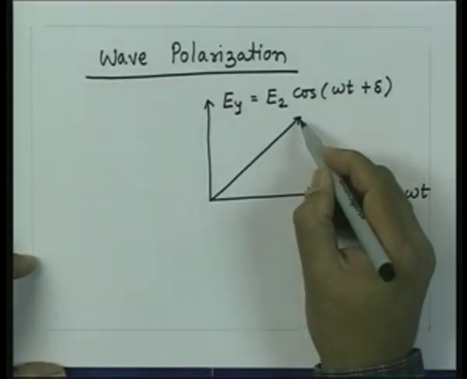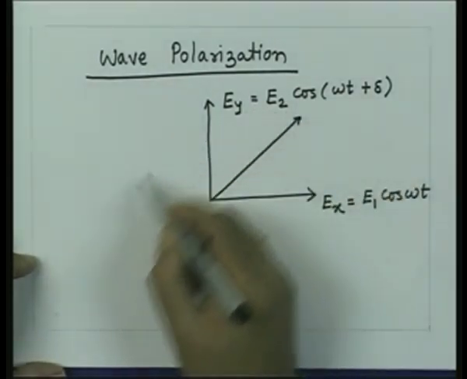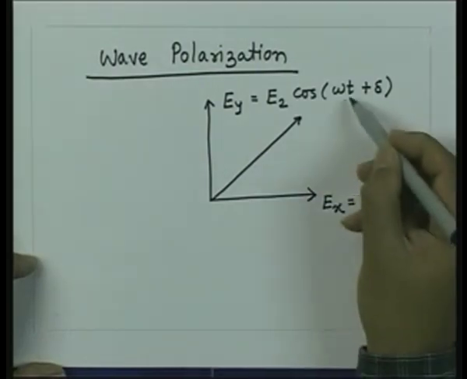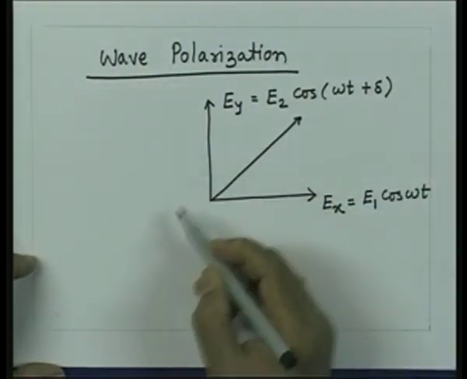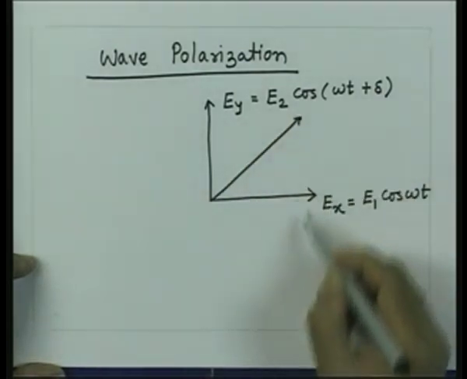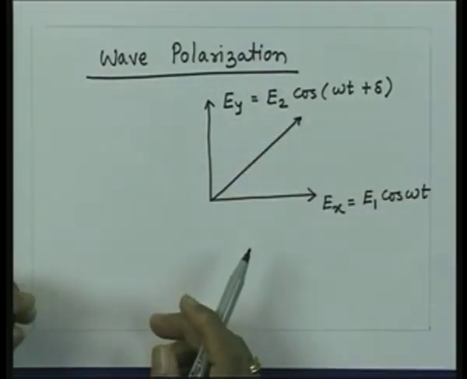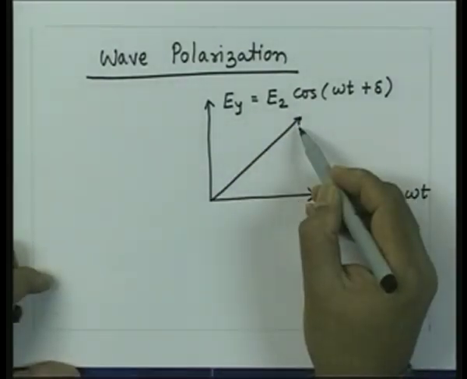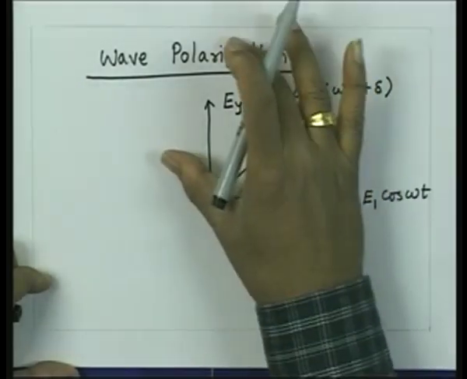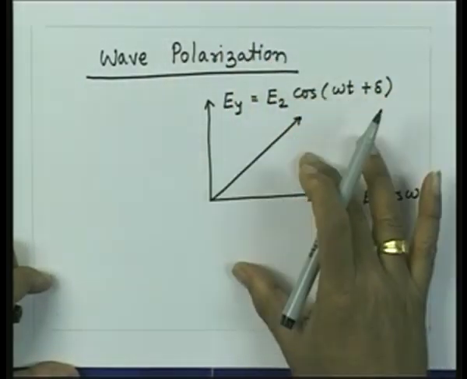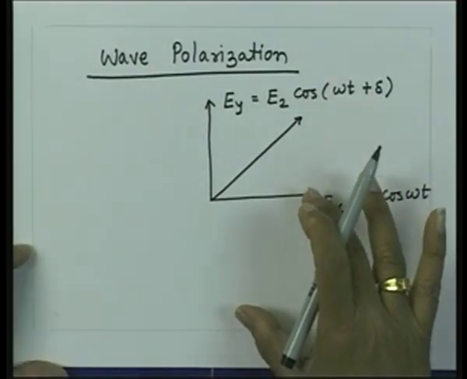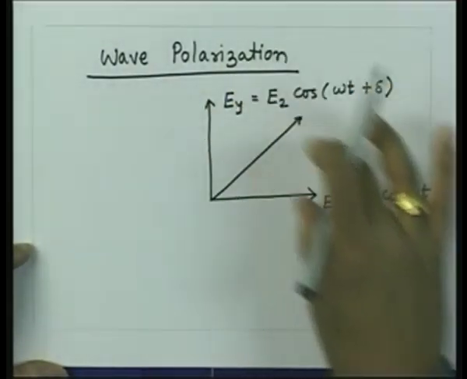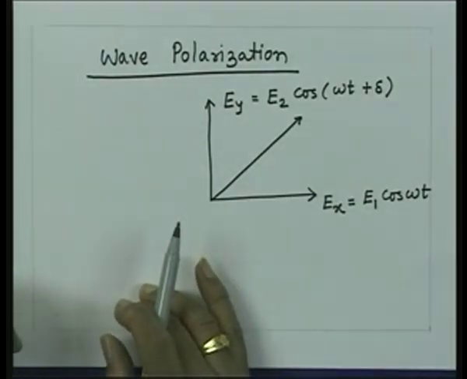Then the shape which the tip of the electric field will draw as a function of time, I mean if I just take this at different times and find, I will get some curve here. That curve will represent the state of polarization of that wave which is generated by combination of these two perpendicularly polarized waves.